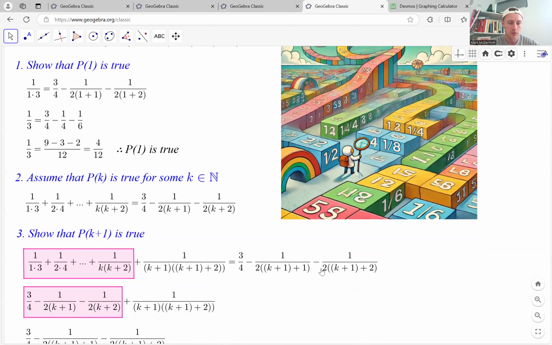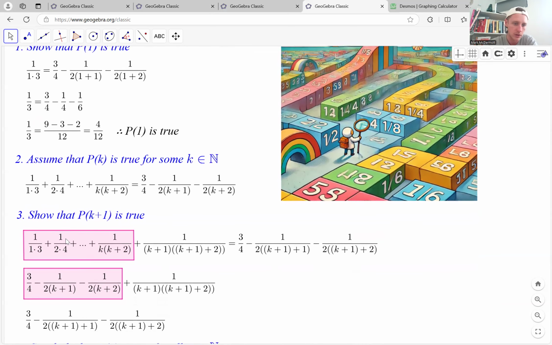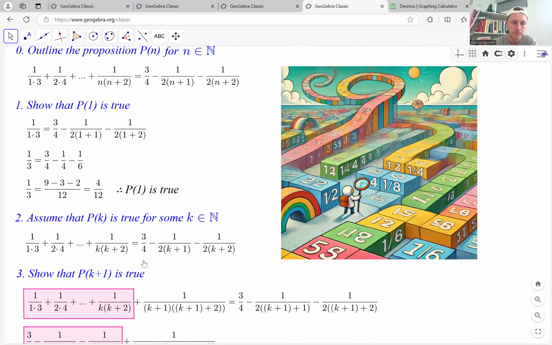Okay, so now we think about this pink box. This first part, up to 1/(k(k+2)), is just the right-hand side of this term here. It's just this part, isn't it?